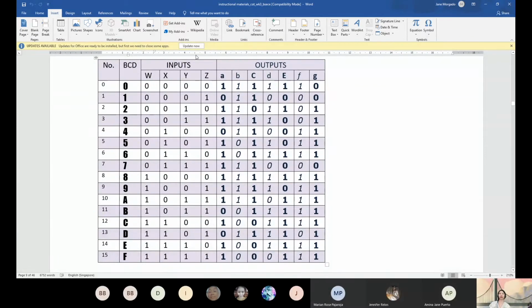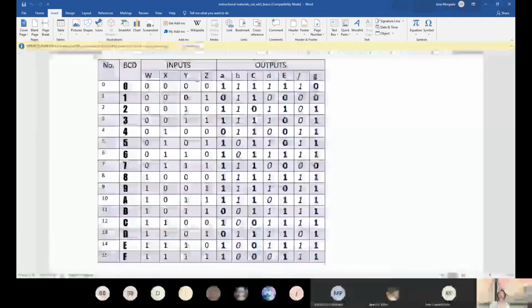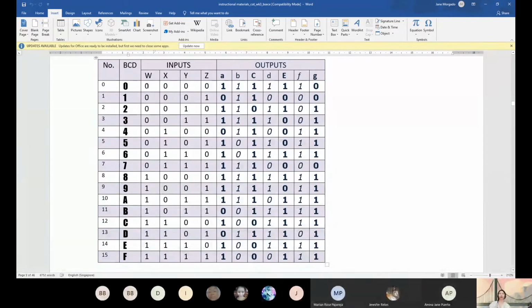So we need 4 inputs, because each decimal digit must be represented by 4 bits in binary, such that 0 is 0000, 1 is 0001, 2 is 0010, 3 is 0011, 4 is 0100, 5 is 0101, 6 is 0110, 7 is 0111, 8 is 1000, 9 is 1001.